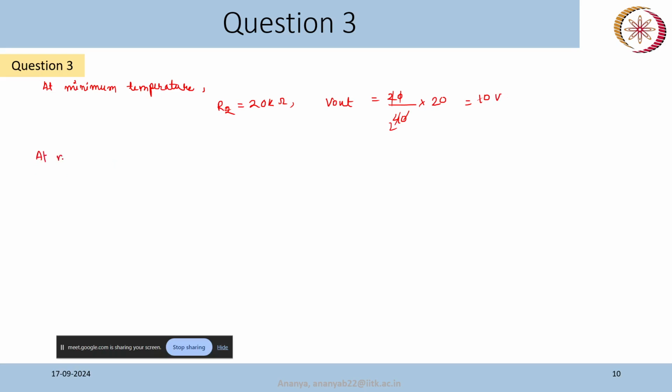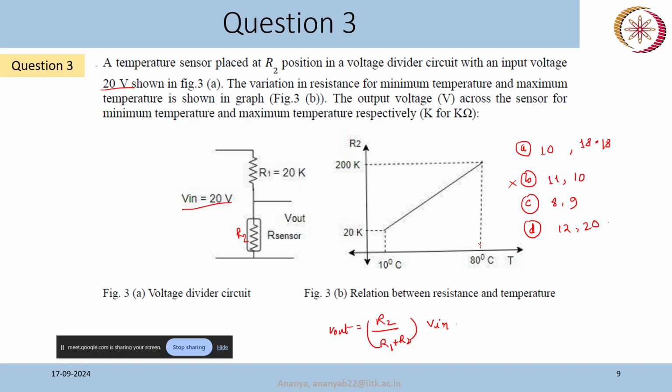And at maximum temperature, R2 is equal to 200 kilo ohm, so V out will be equal to 200 by 220 into 20, so this will be 18.18. So our answer is A.